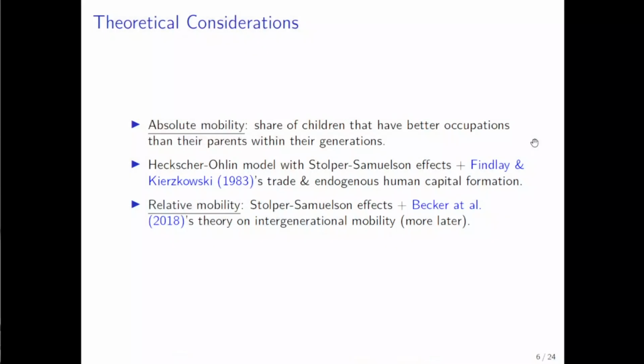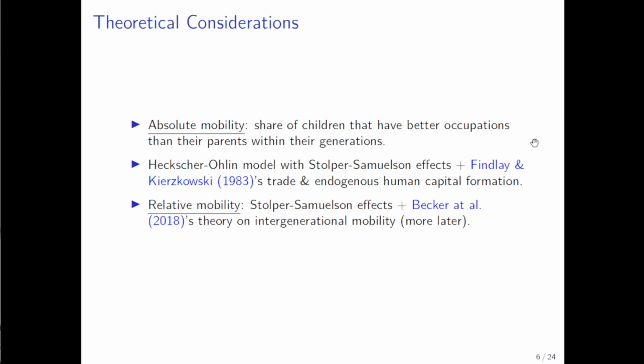All right. So we are going to be looking at absolute mobility. Basically, it's the share of children that have better occupations than their parents. All right. And we are also going to look at relative mobility. Basically, those are what is the relative status of the children within their population, and whether that is any different from the status that their parents had within their population, right?